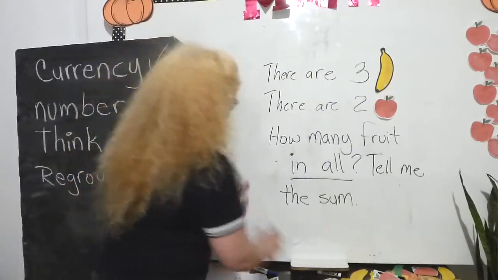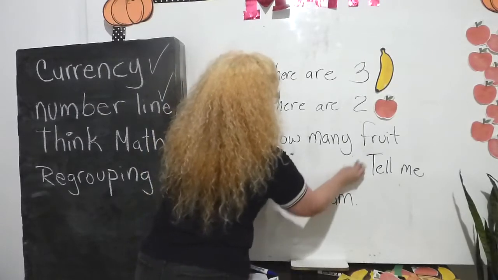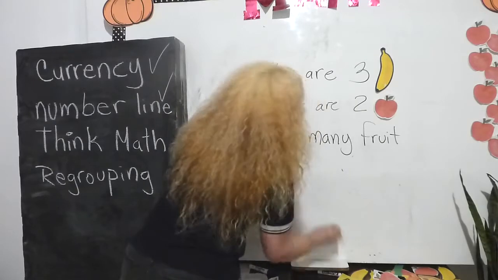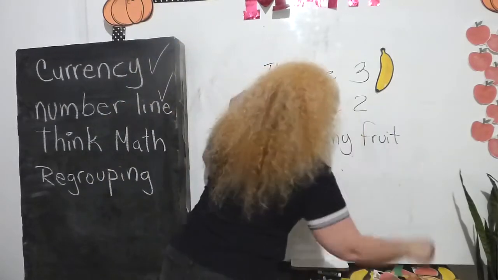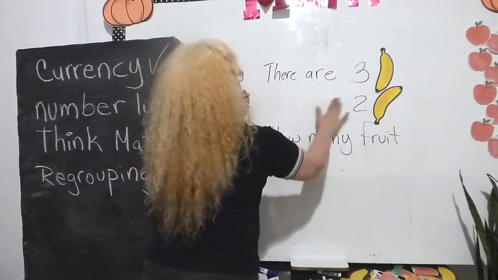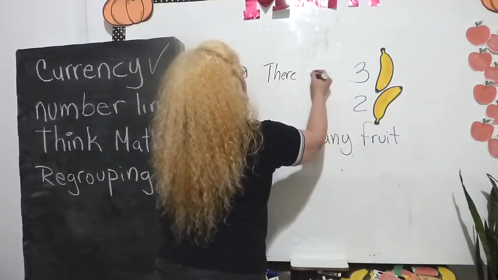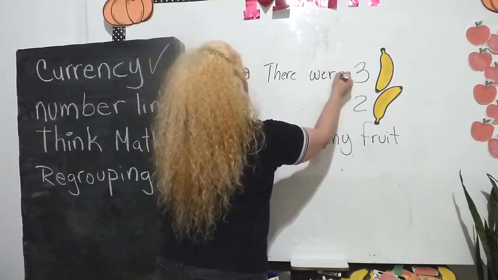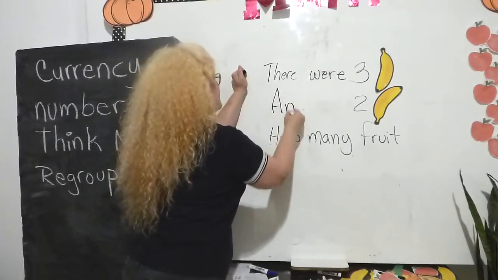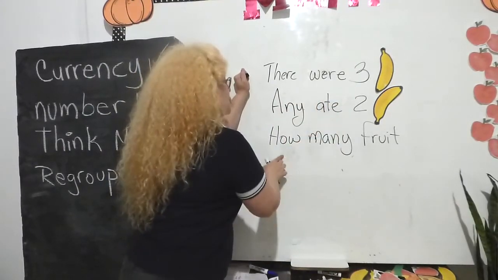Okay, and if I ask you, there were 3 bananas. Annie ate 2.